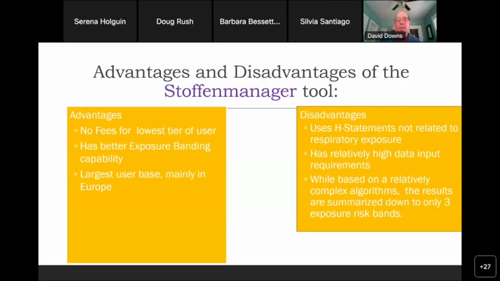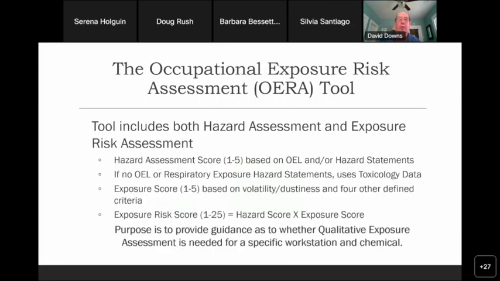So I'm going to go through one other tool here, which is the Occupational Risk Assessor. This tool includes both hazard assessment and exposure risk assessment, similar to Stoffenmanager. The hazard assessment score from 1 to 5 is based on the OEL, if you have that, or on hazard statements.